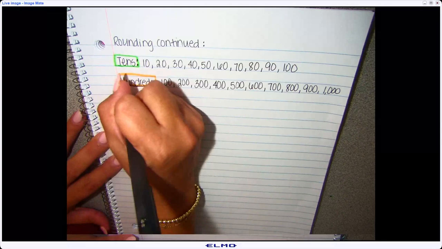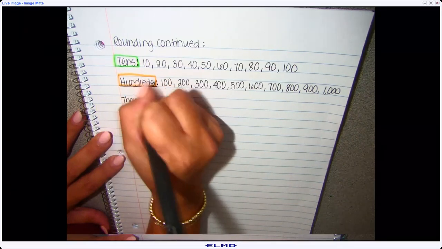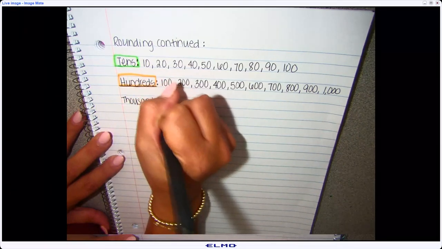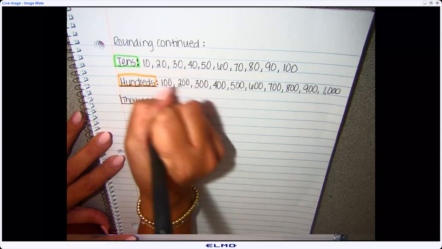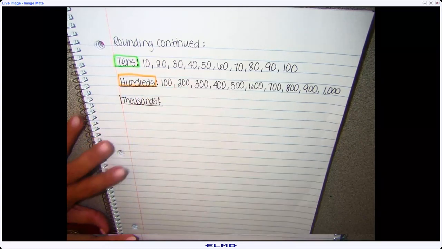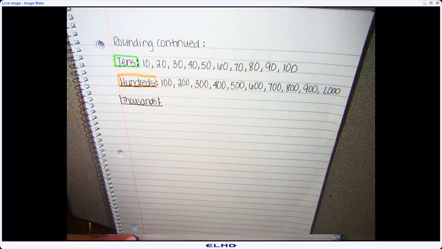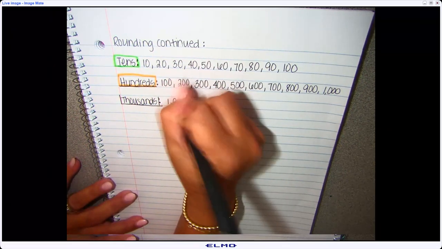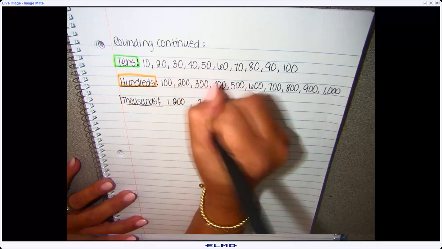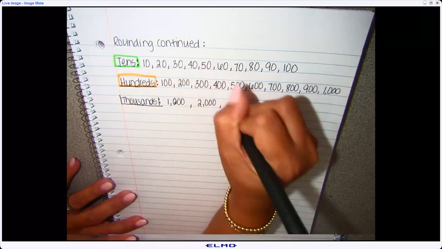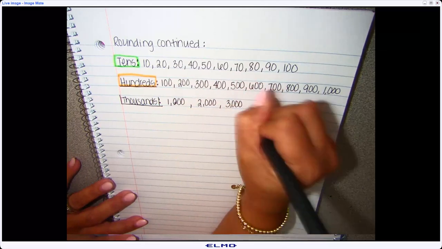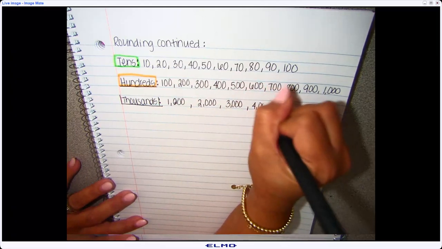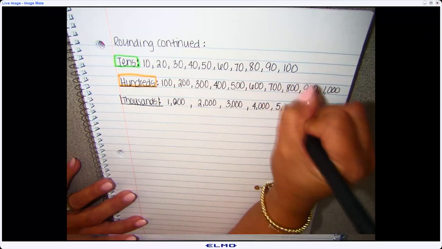If they tell me to round to the nearest thousands place, that means that when I skip count, what are my numbers going to look like? Exactly. 1,000, 2,000, 3,000, 5,000.